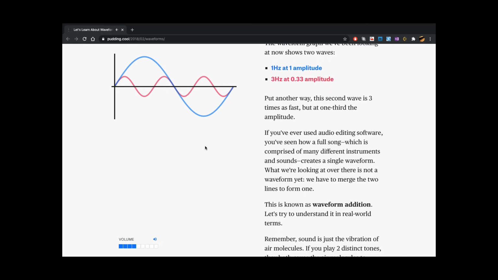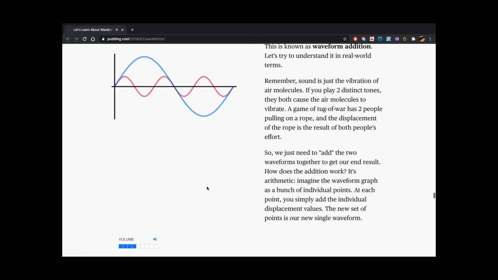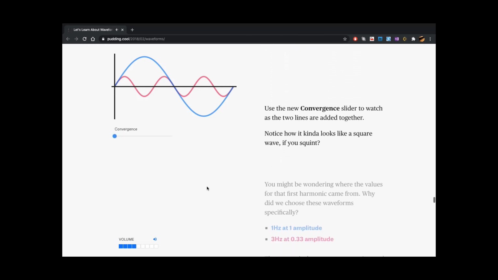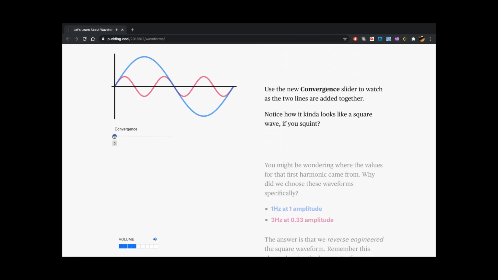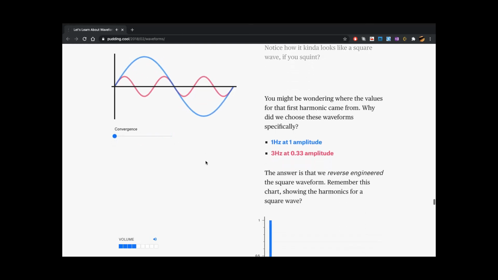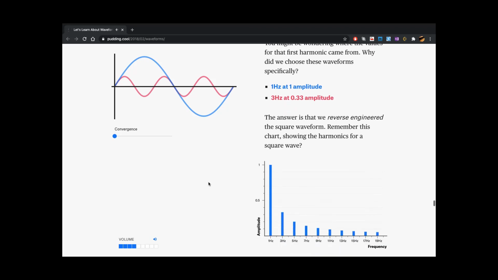Now, if we add these two signals linearly, what will happen? So what you get is, okay, when I add the two, it looks like a square wave. Not a very good square wave, but yes, a square wave. Now what will happen if I add more harmonics?